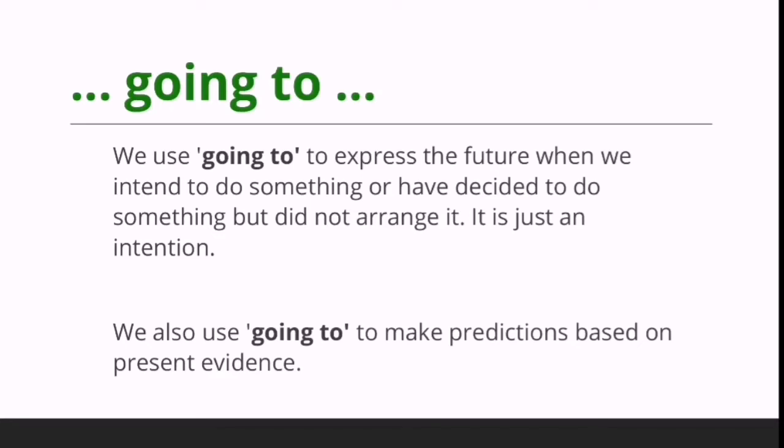We use going to express the future when we intend to do something or have decided to do something but did not arrange it. It is just an intention. We also use going to make predictions based on present evidence. So let's go into see some examples about that.